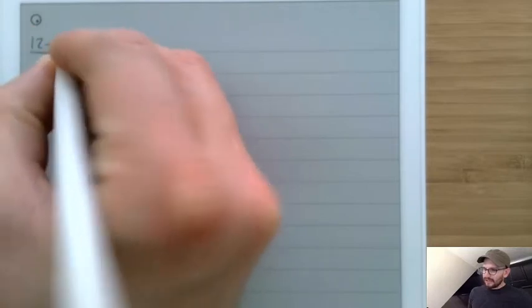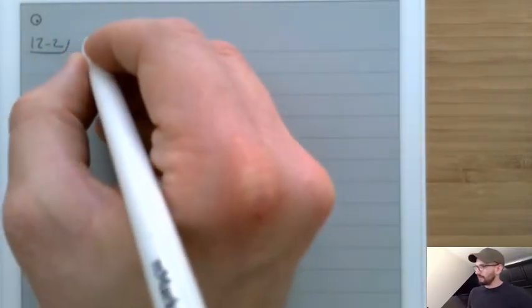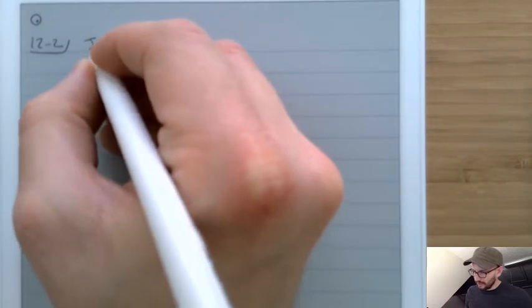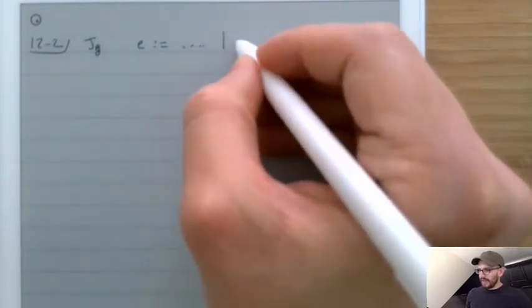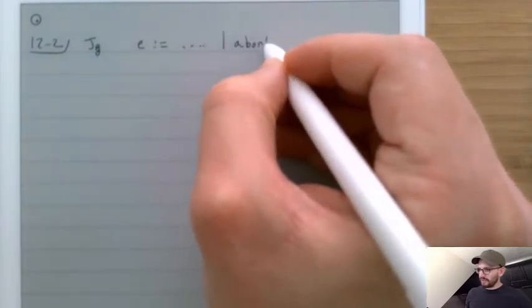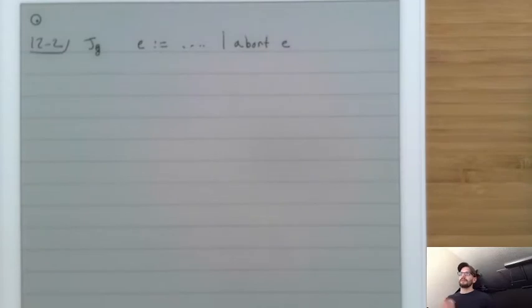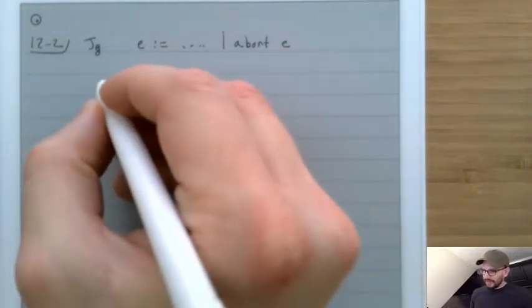What we do is we add to our language. We'll call this language J8. And J8 is going to have just one more feature, called abort E. And the rule for abort E is the following.